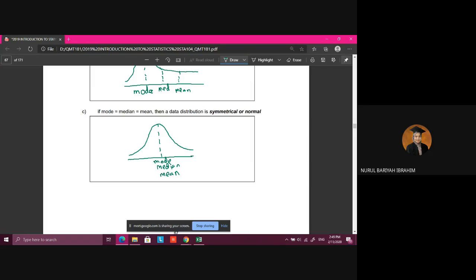Okay, mode, median, and mean will have the equal value, so we can say that our distribution is normal or symmetrical. Right? So that is the three methods of how to determine whether our distribution is skewed ataupun normal. Gunakan stem and leaf plot, boleh gunakan histogram, and then we can observe the value of mean, median, and mode.